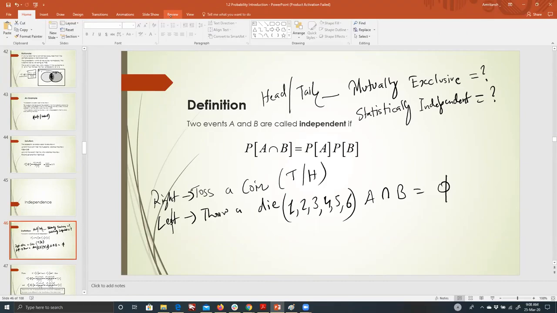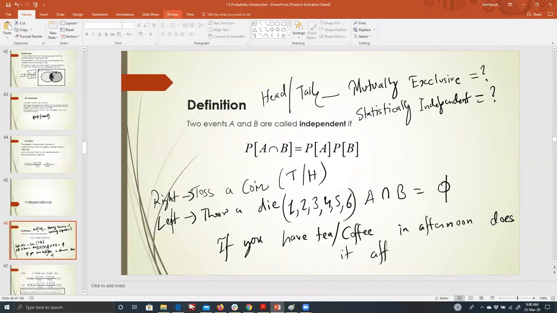Similarly, if you have tea in the afternoon, does it affect the weather?